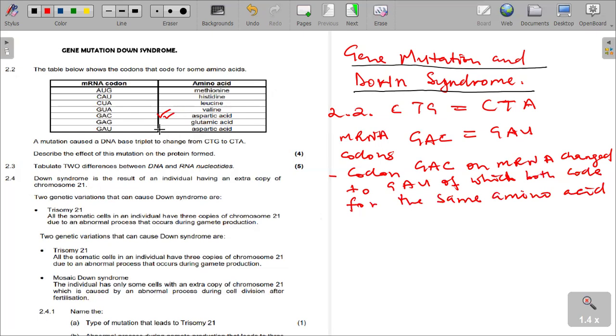It changed to GAU, which is also this one. So the effect of the mutation is that codon GAC on mRNA changed to GAU, and both code for the same amino acid, which is aspartic acid.